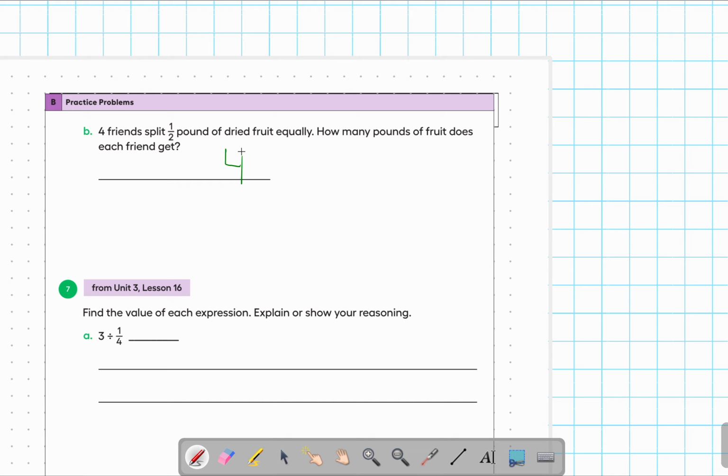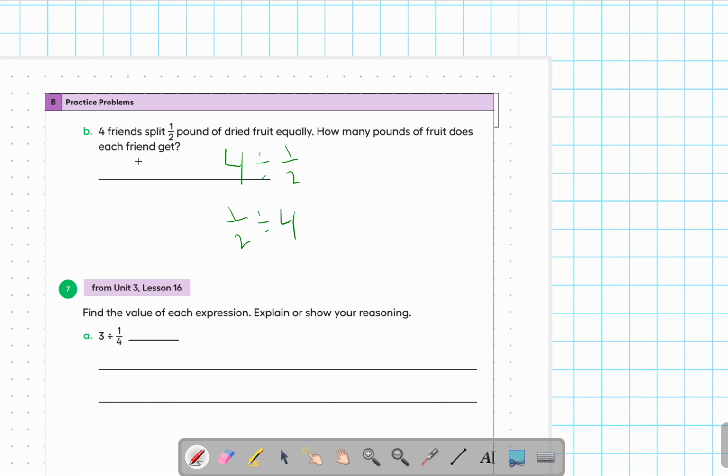Let's see if we have to do 4 divided by 1/2, or 1/2 divided by 4. Which one of the two is it?